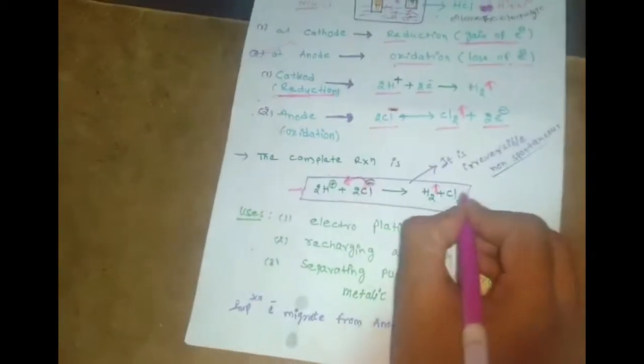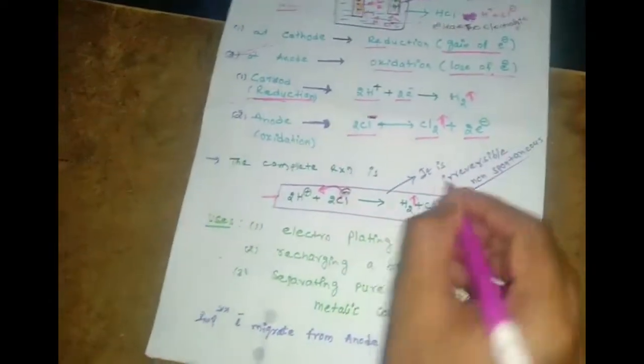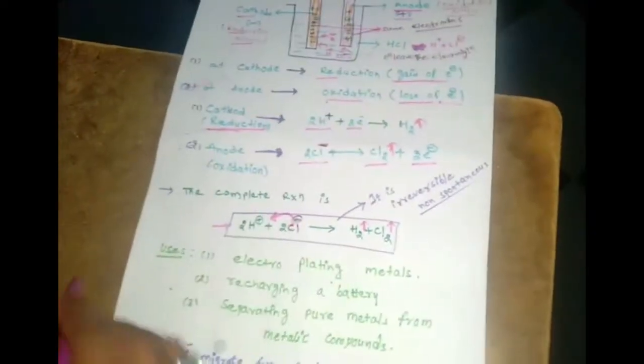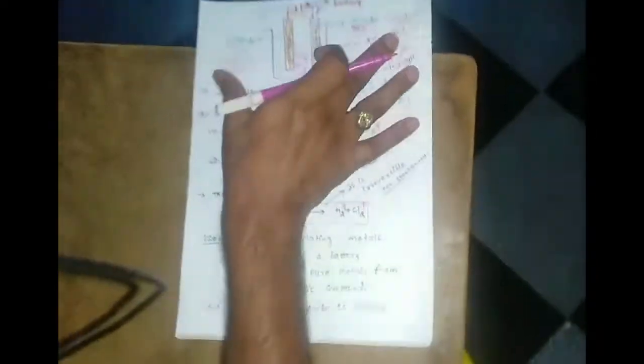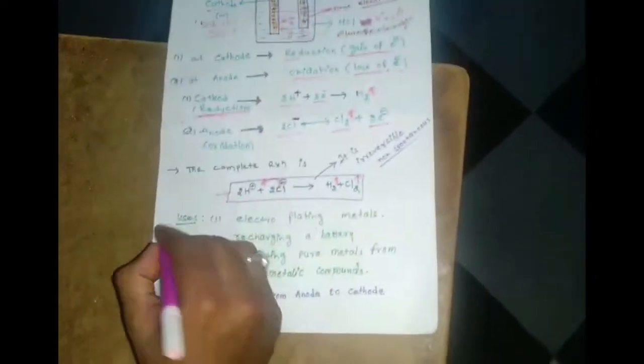When the 2 chloride ions lose 2 electrons, they form chlorine, so chlorine gas is also liberated. So this is the electrolytic cell.